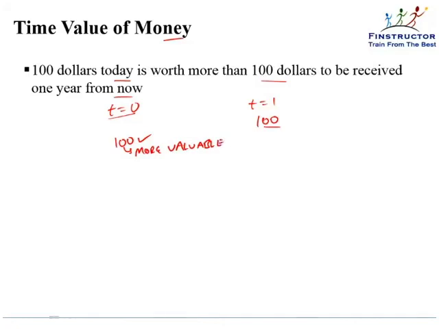But the question is, what exactly is the time value of money, or how much more valuable is this first $100 that we are receiving today as against the $100 that we are receiving 1 year later?